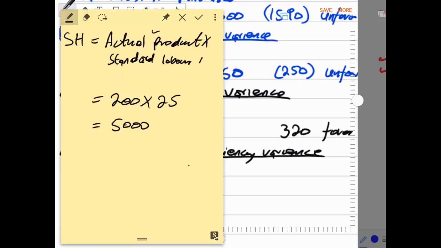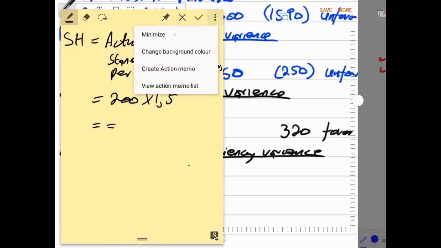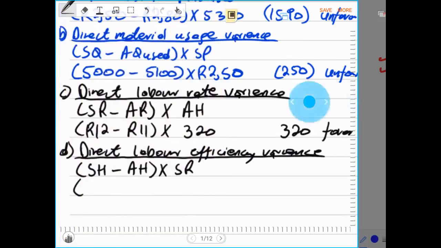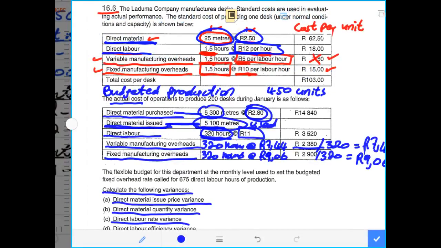And our labor hours per unit were given to us as, I think, 1.5. So for our actual production, we know that the company manufactured 200 units, and we multiply this by 1.5. Let us check if our actual production was really 200 units.